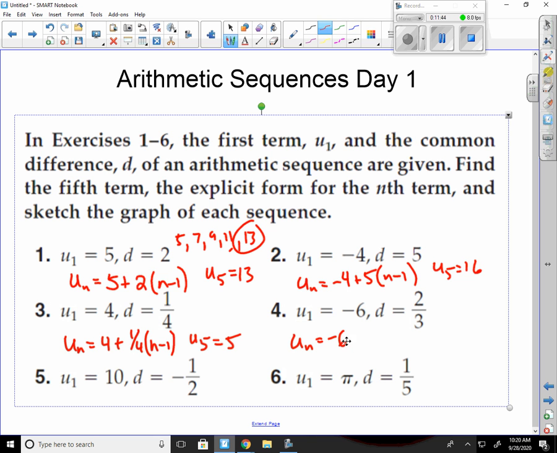Kind of the same thing. Negative 6 plus 2/3 times n minus 1. 5 minus 1 is 4. 4 times 2 is 8. So I have negative 6 plus 8/3. I'm going to make my negative 6 negative 18/3 plus 8/3 gives me negative 10/3.